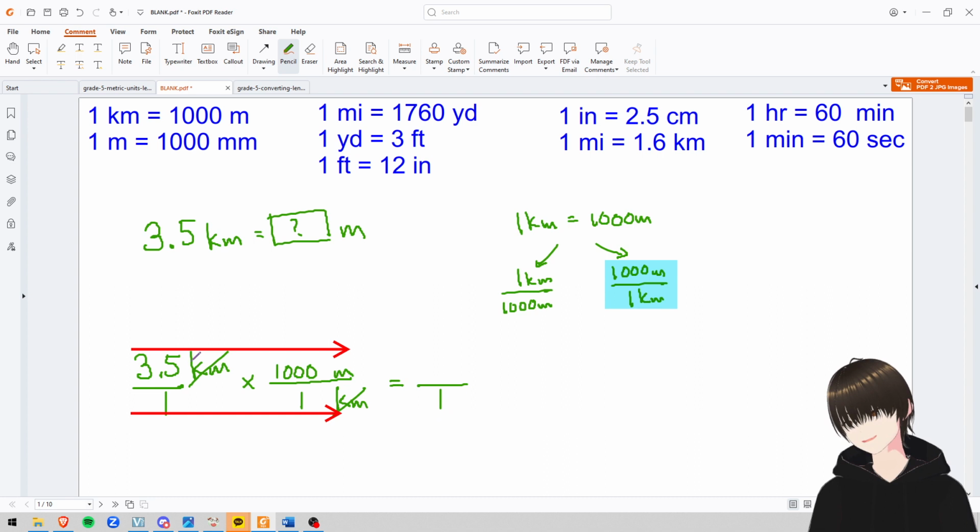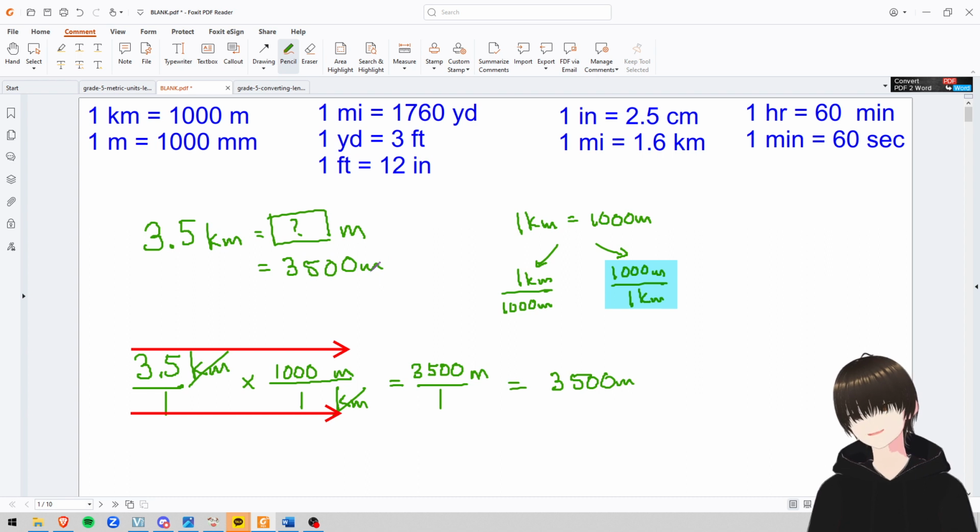The numerator is 3.5 times 1000, so we move the decimal place 3 times. And the unit that survives these operations is meters. This is 3,500 meters over 1, which is the same as 3,500 meters. 3.5 kilometers is equal to 3,500 meters.